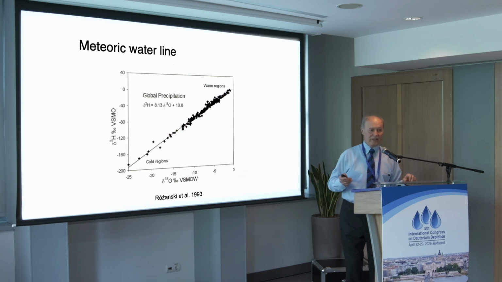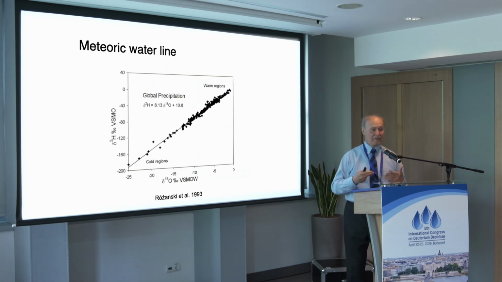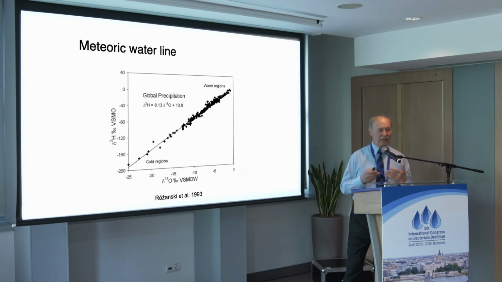What is very interesting is that between the oxygen isotopic composition and the hydrogen isotopic composition there is a very good correlation. This is the so-called precipitation waterline, isotopic waterline, in other words the global meteoric waterline.